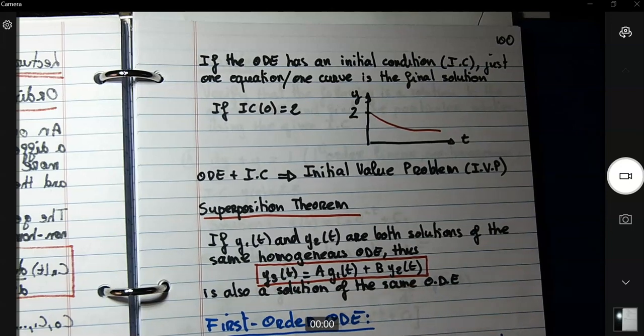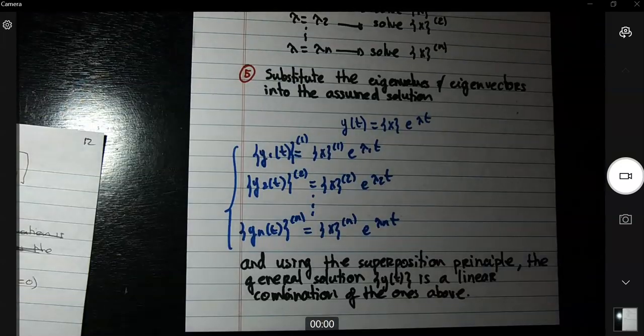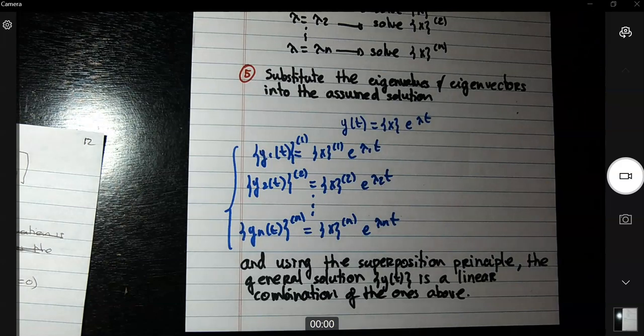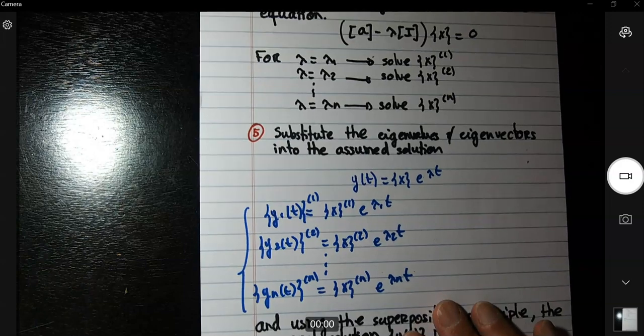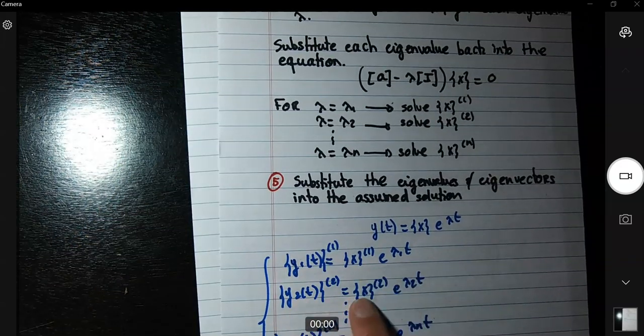Okay, so using that principle, we can do the same thing over here, and in that case the total solution will be the summation of all these different solutions.